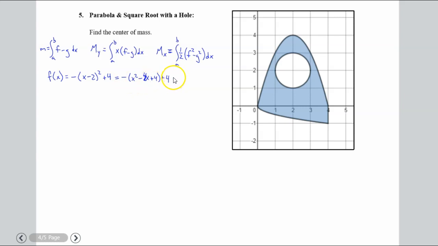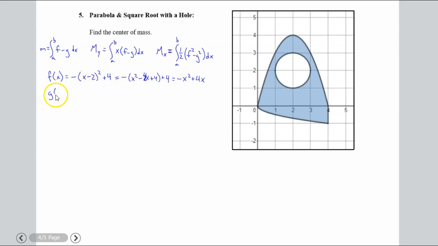And then the negative gets distributed, so we get a negative x squared, and then plus a 4x, and then a minus 4, and then a plus 4, and those will cancel out. So you actually just end up with 4x minus x squared, or negative x squared plus 4x. A lot of times, if you're going to be doing some of the calculations by hand, that can definitely simplify things. If you're just using a calculator or computer, leaving it as you originally had it is fine.